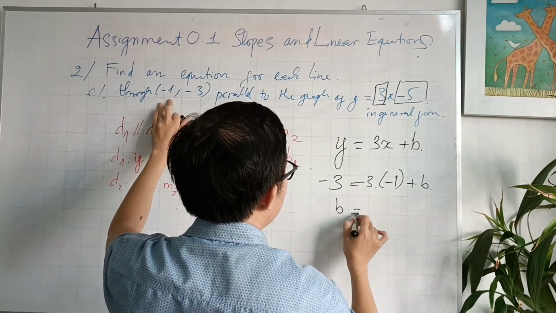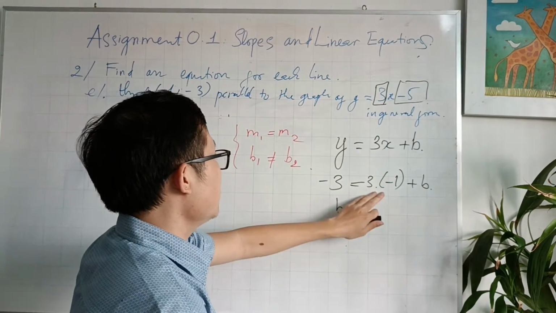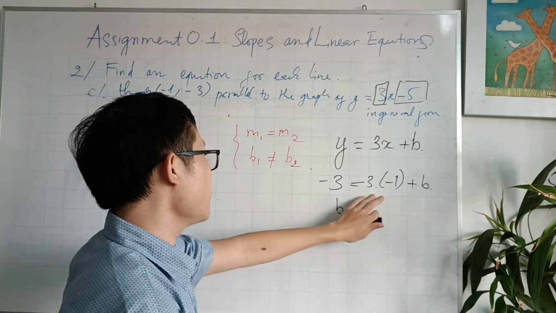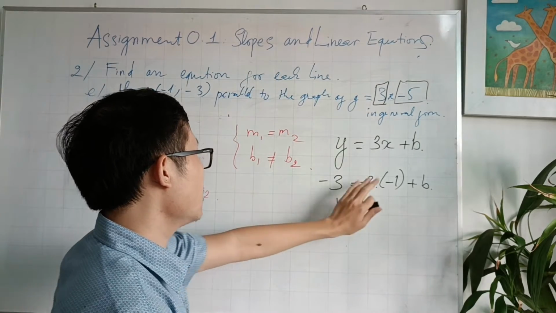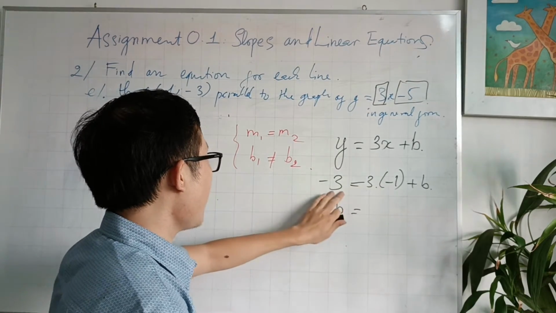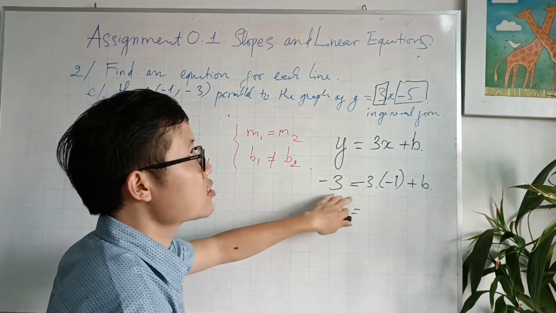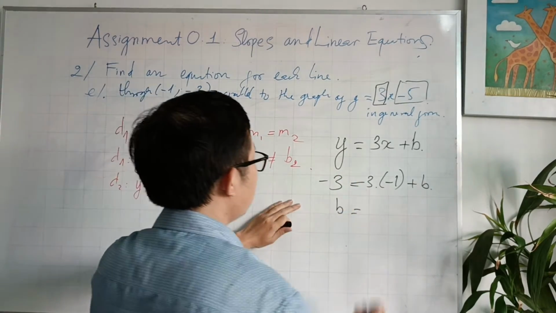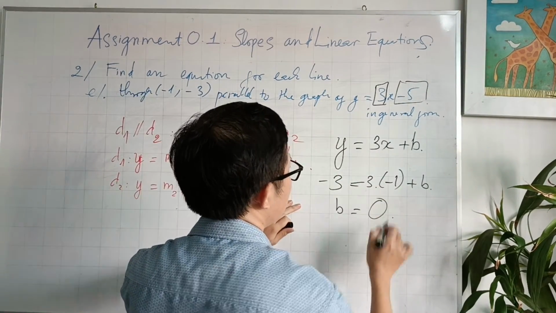So b equals -3 plus 3, so the last answer is b equals 0.